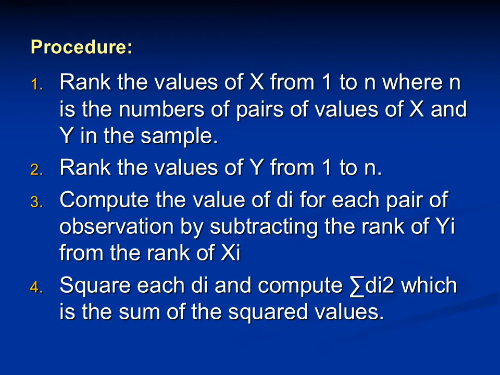Now this is the procedure of computing Spearman's rank correlation. You first rank the values of x and the values of y in ascending order, and after ranking you find the difference between those ranks, and then later on you substitute into the formula, and that gives you the Spearman's rank correlation.